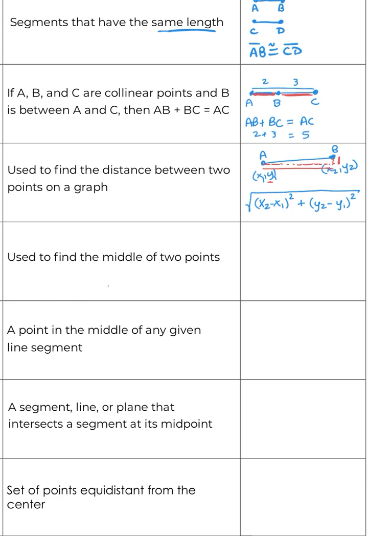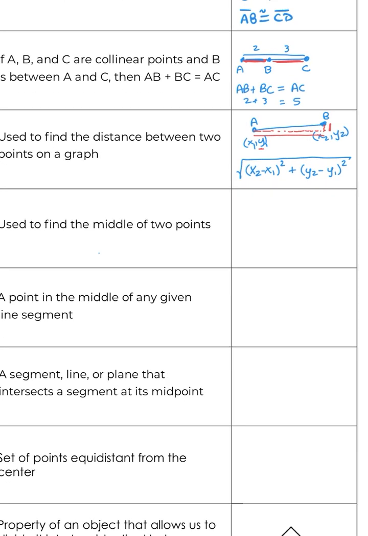Our next one is the midpoint formula, and that's where you want to find the point that's exactly in the middle. So here's AB again, and here's the middle. We'll call that M for middle.